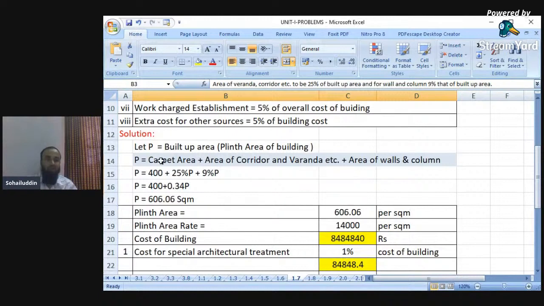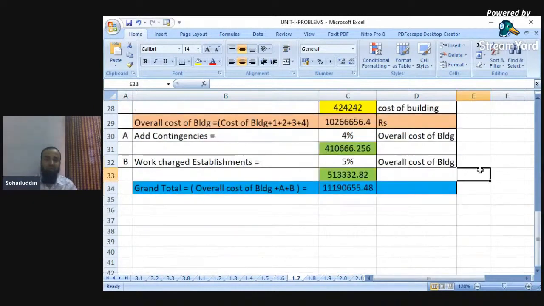In this way, we have calculated the different heads, that is carpet area, area of corridor plus area of column. After some little calculations, the plinth area has come up to 606, multiplied by the rate.